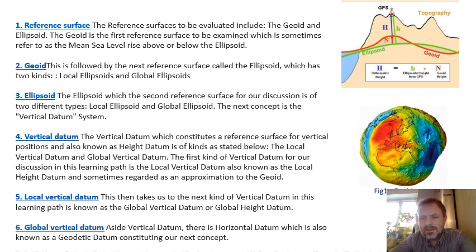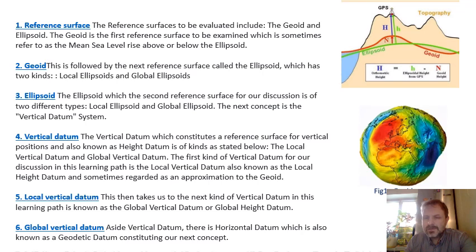On the right, in the pictures, you can see the mathematical feature of the ellipsoid. The red line means the geoid, and different kinds of heights from our geodetic control point to these reference surfaces.